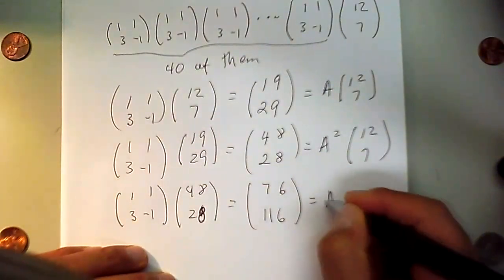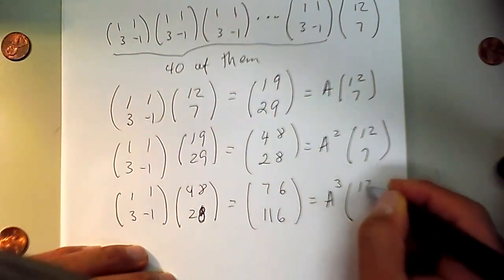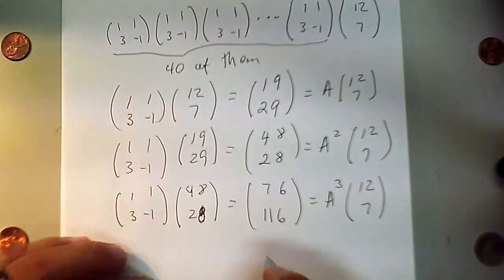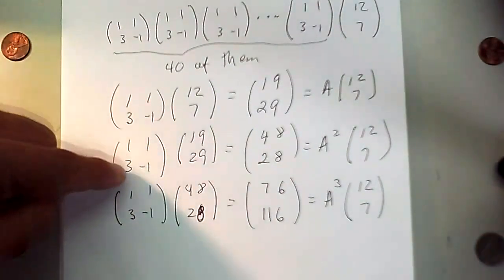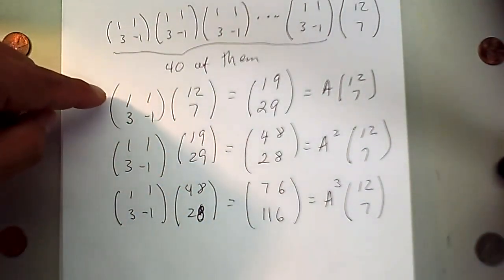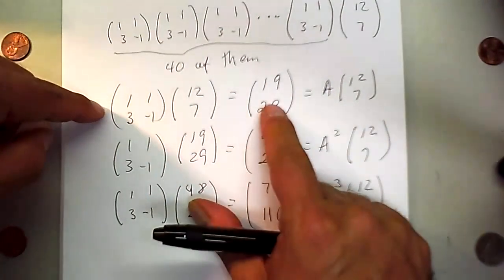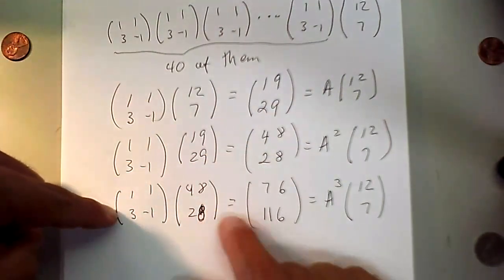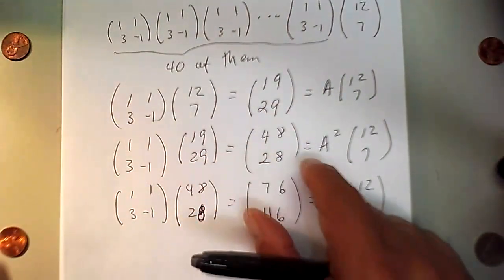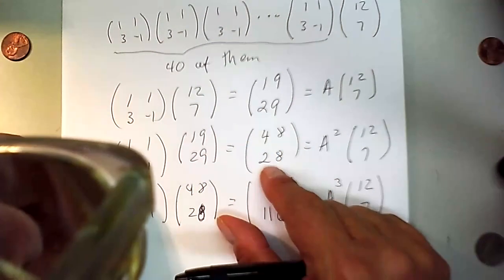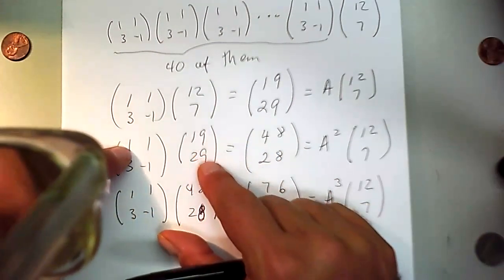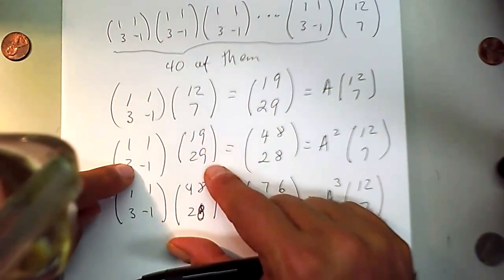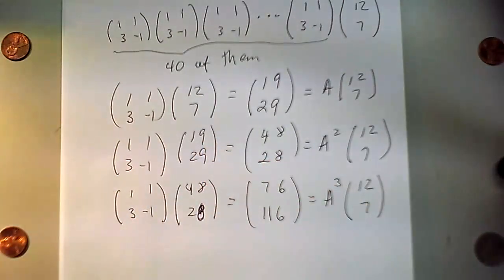So that is A cubed times 12, 7. Because every time in this iteration, we start multiplying with A, and then the answer multiplied with A again, and again. So by the time we get to this point, we have A cubed. I just want to double check this 28. Yeah, that looks right.